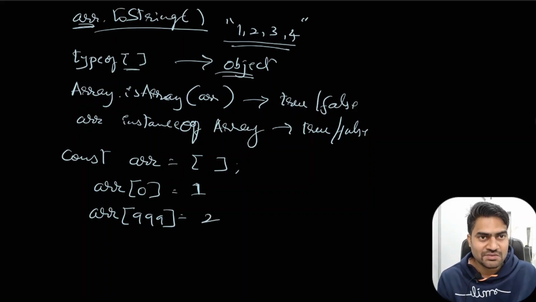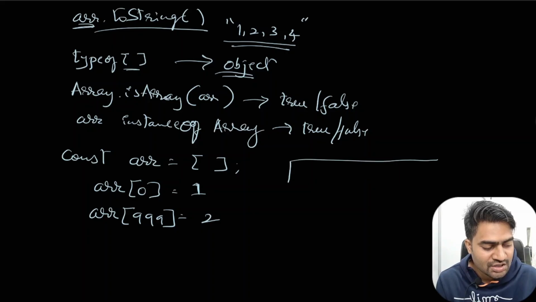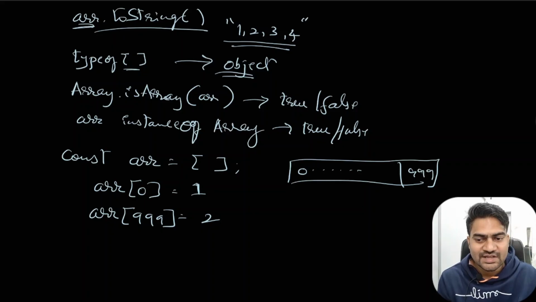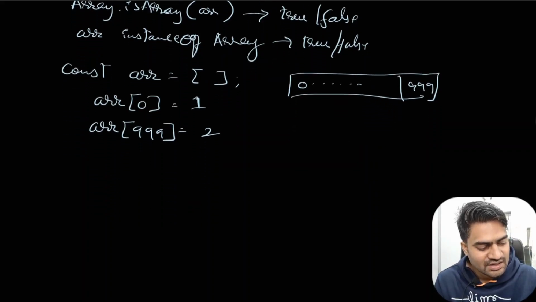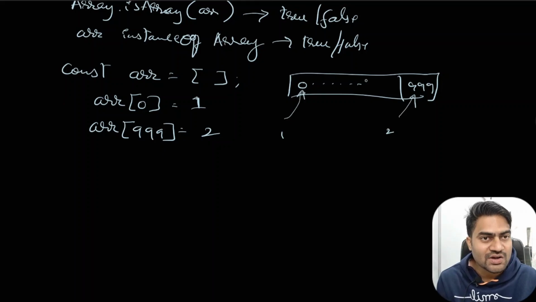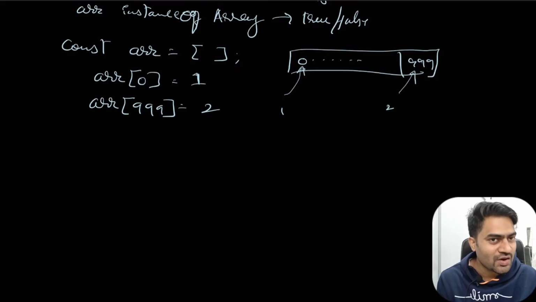Okay, so ideally, what is the imagination? It will create 0 to 999 blocks, correct? And it will store 1 here and 2 here, but the remaining blocks will be empty. But that is not the case in JavaScript. It will only create 2 blocks and add elements into those 2 blocks.